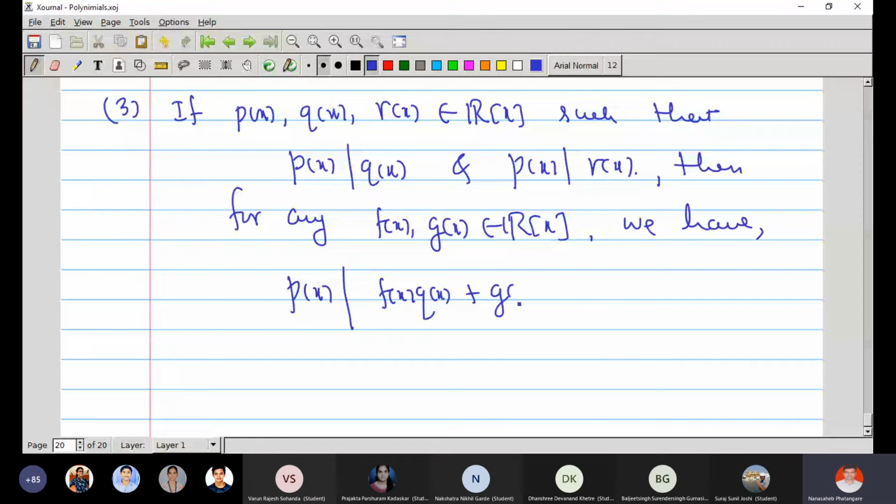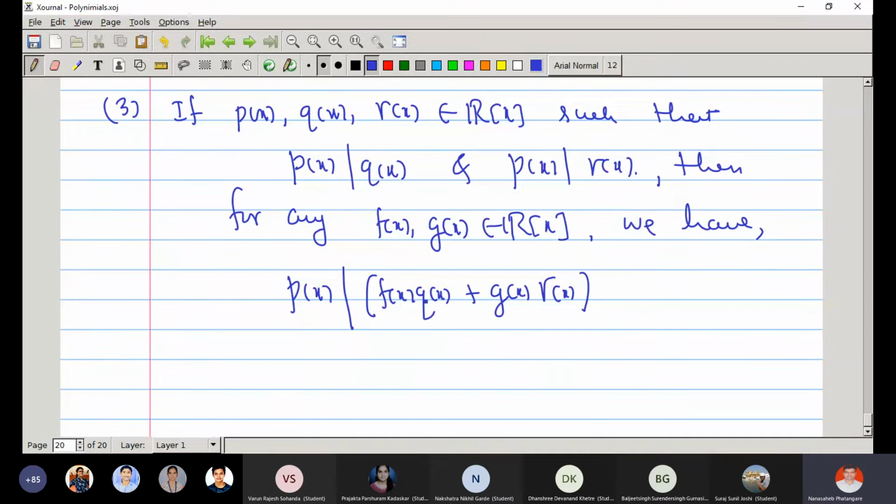Now, if you look at three polynomials, p(x) divides two polynomials, q(x) and r(x), and you multiply q(x) by any other polynomial, doesn't matter, and r(x) by another, and sum this, still p(x) divides the sum.